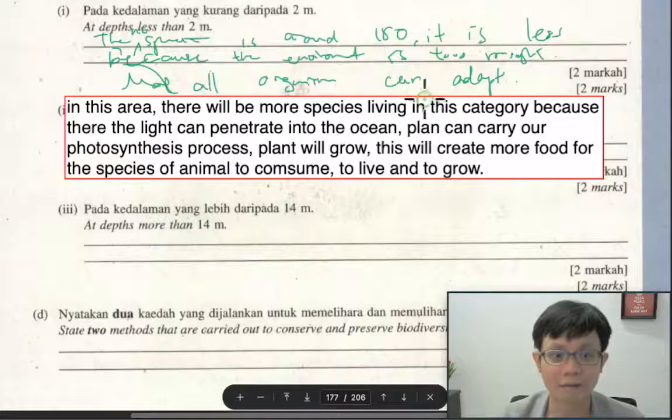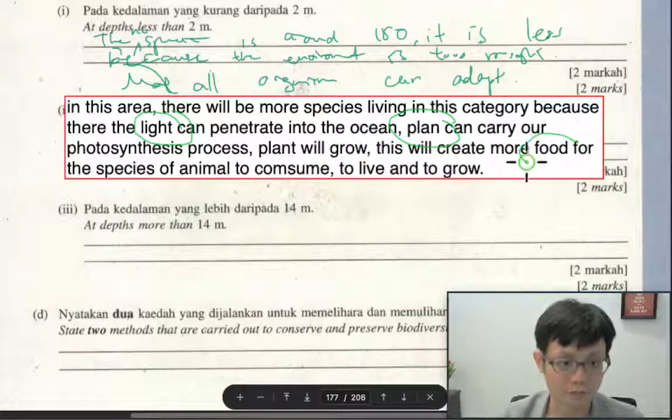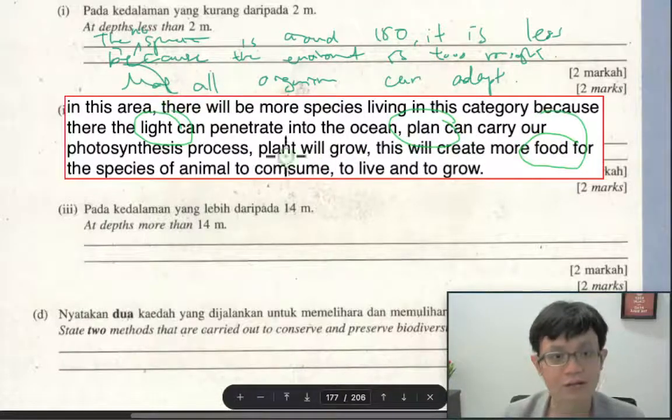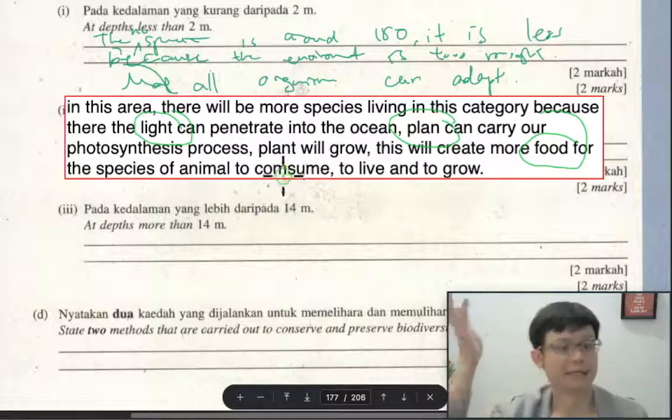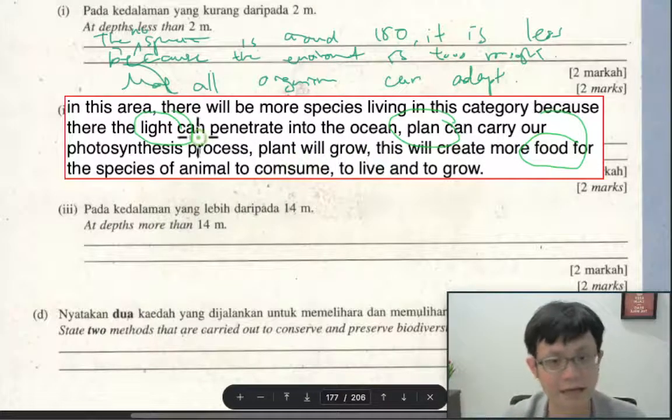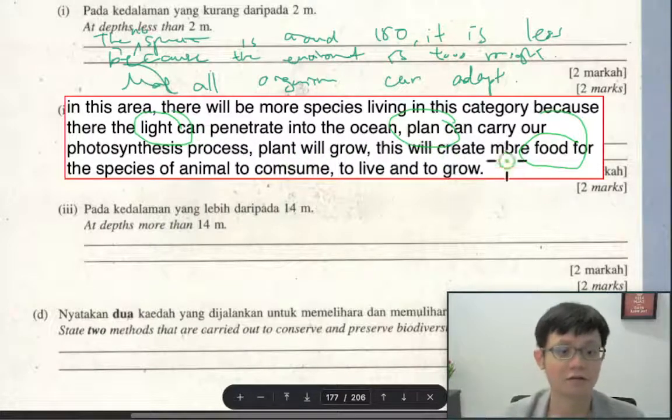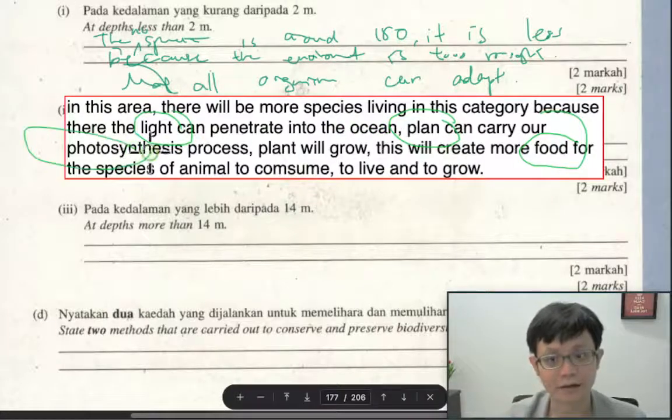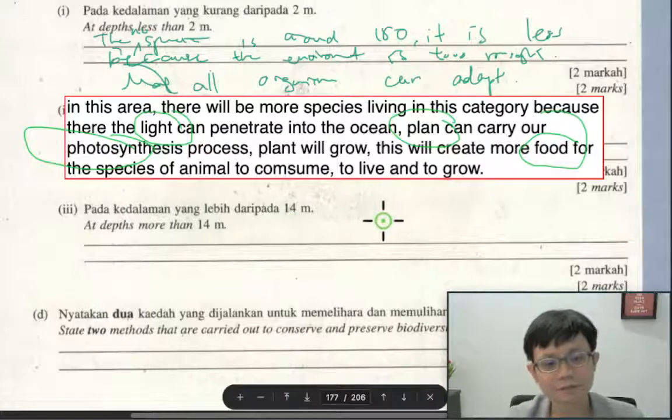The keyword that usually I think the teacher is looking for is the light and the plant, and also the food. This is the keyword. How you want to explain, you like. But the keyword: light, plant, photosynthesis if you want to write, food if you want to write. Very good. Not so difficult.